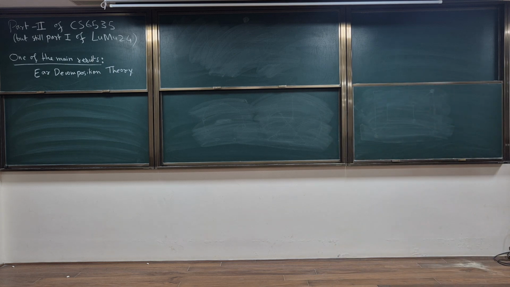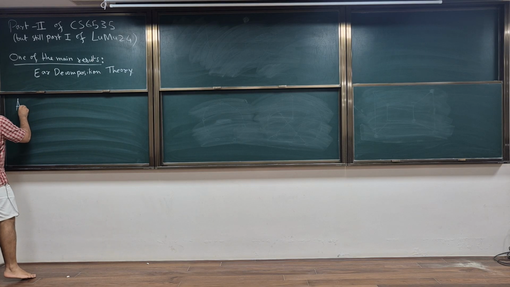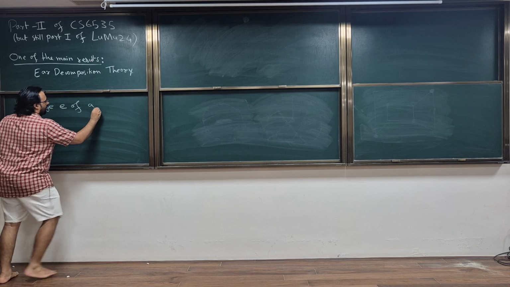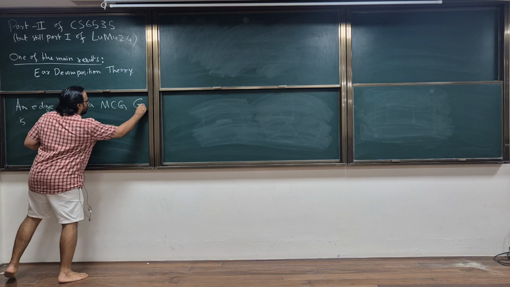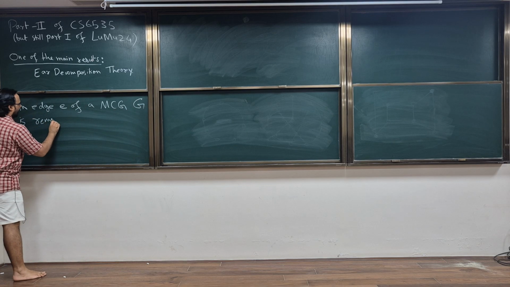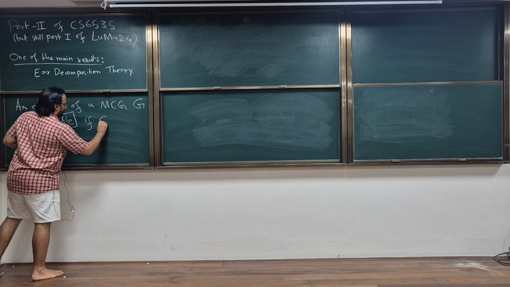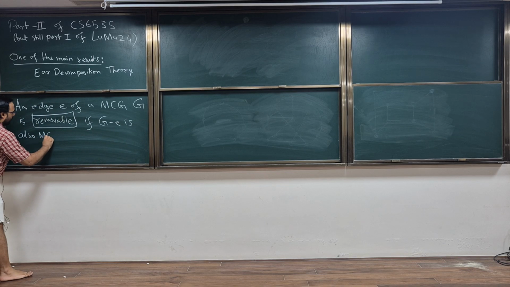An edge e of a matching covered graph G is removable if G minus e is also matching covered.